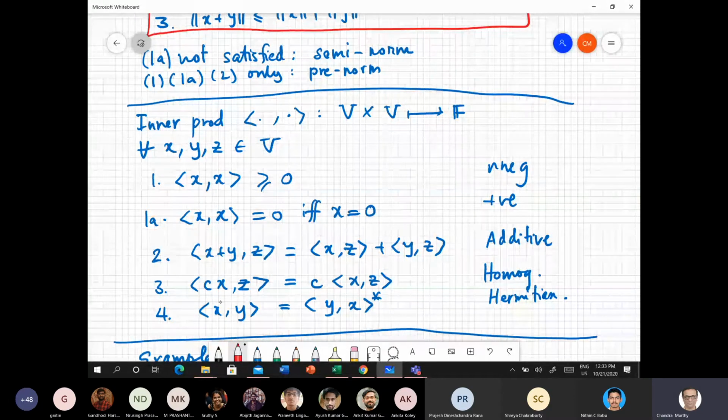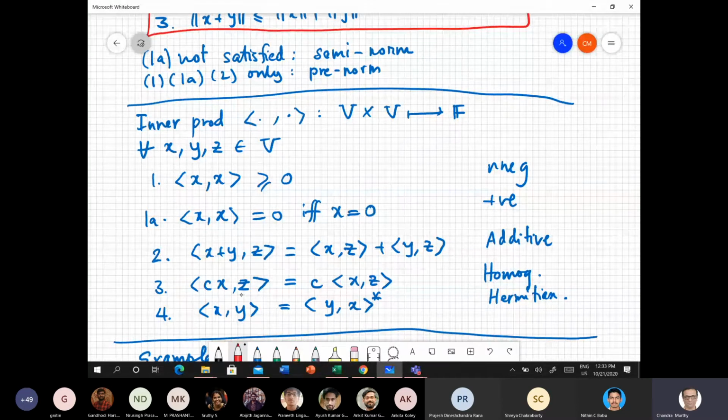It is homogeneous in the first argument, namely that the inner product of cx with z is the same as c times the inner product of x with z for every c in the field F. And it's also Hermitian: if you exchange the order, the inner product of y with x is the complex conjugate of the inner product between x and y.